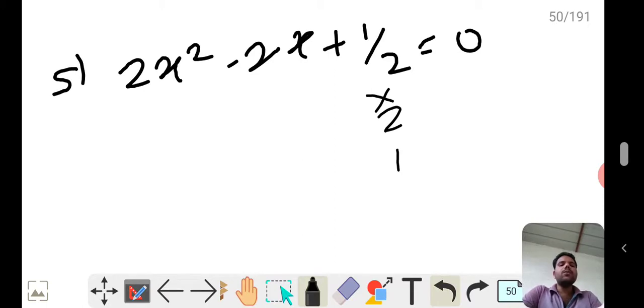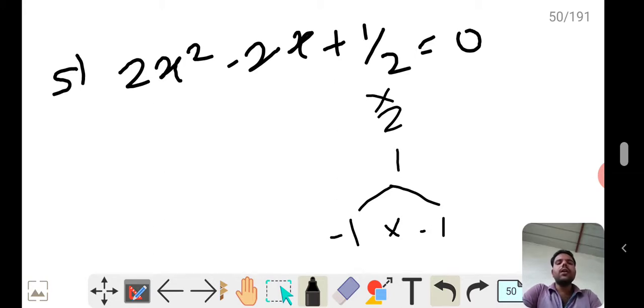We want two numbers such that their multiplication is 1 and their sum is minus 2. If we take minus 1 and minus 1, we know that the multiplication of two negative numbers is positive. So minus 1 into minus 1 gives 1 as the multiplication, and minus 1 minus 1 gives minus 2 as the sum.